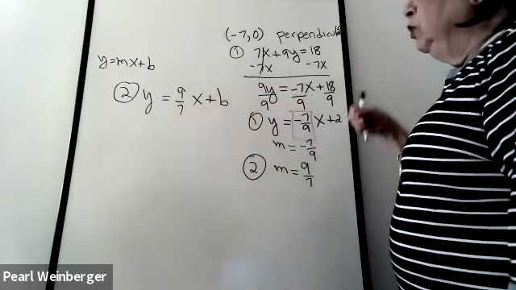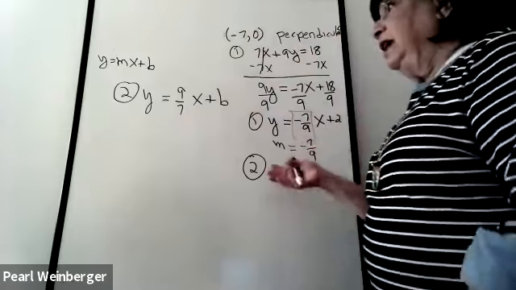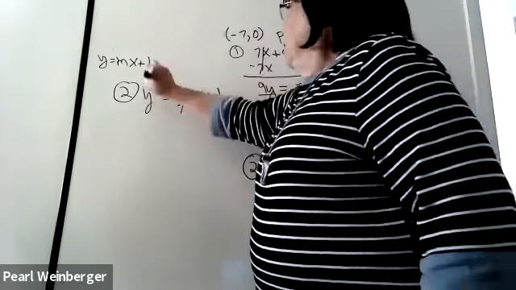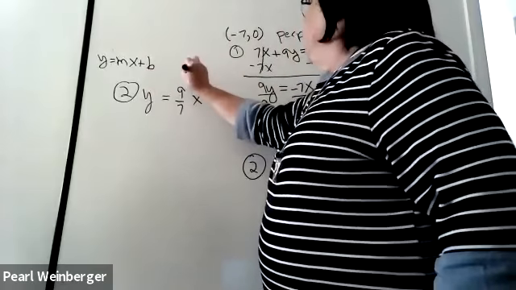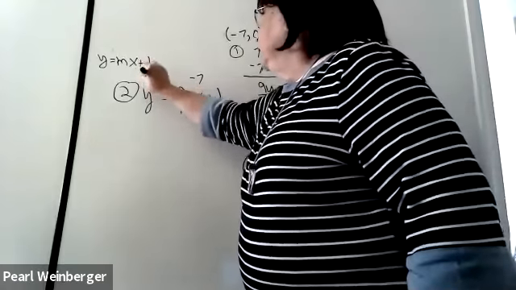And now we do what we did before. We only have one point, so we take that point and stick it into the equation. In place of the x, I'm going to put -7. In place of the y, I'm going to put 0.